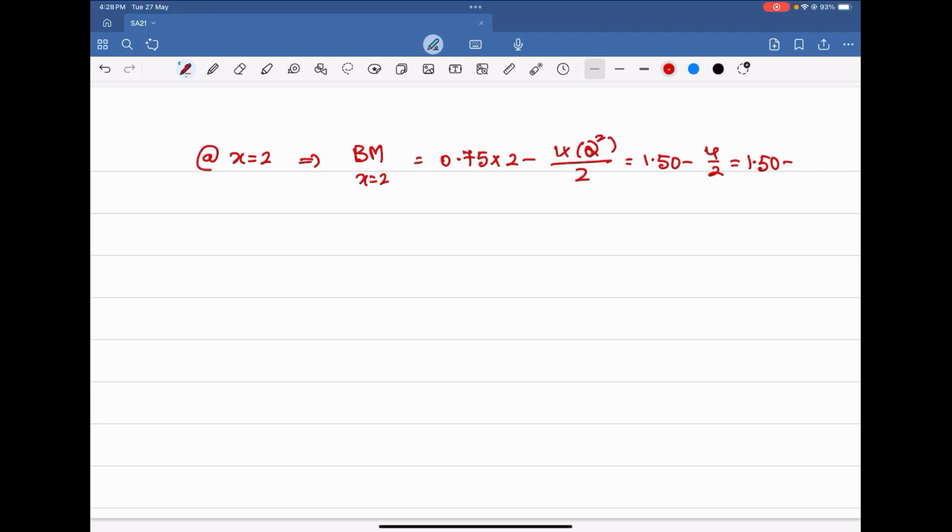1.5 minus 2. That means at x is equal to 2, bending moment is equal to 1.50 minus 2.00, that is minus 0.50. This is the minimum bending moment because it is minus 0.5.